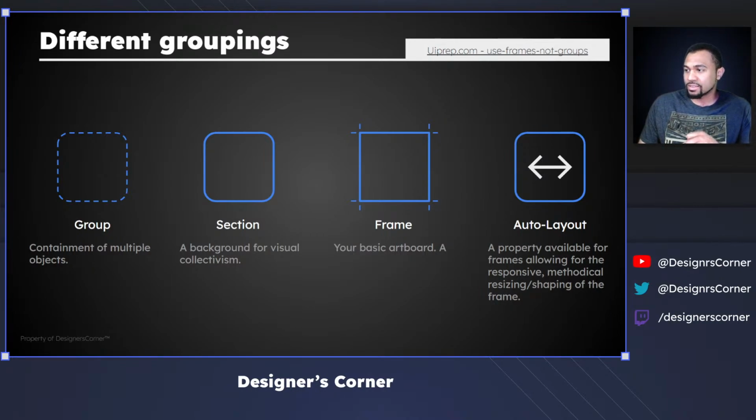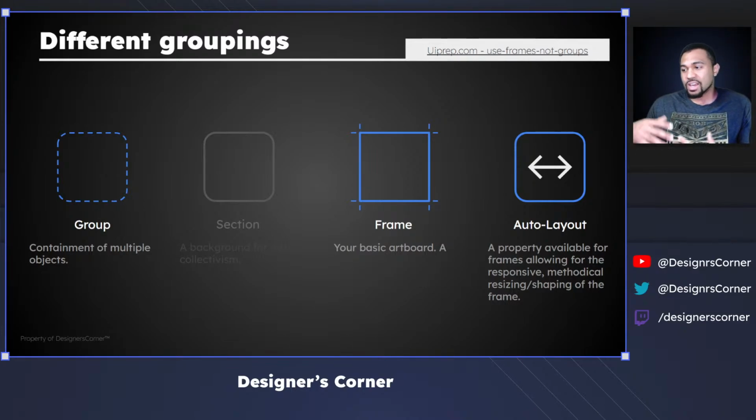We'll take a look at that a little bit later. So again, group, frame, and auto layout are going to be your main players here. Also, up in the corner, I have a little link that goes to uiprep.com, and it has a little article on why you should use frames versus groups.